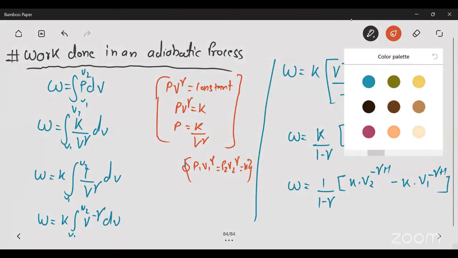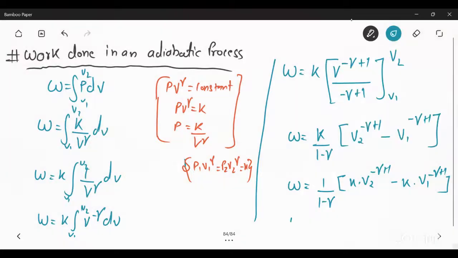So applying here, W is equal to 1 upon 1 minus gamma times P2 V2 gamma into V2 to the power minus gamma plus 1 minus P1 V1 gamma into V1 to the power minus gamma plus 1. With the same base, the powers will be added. Gamma minus gamma plus 1 is only plus 1.